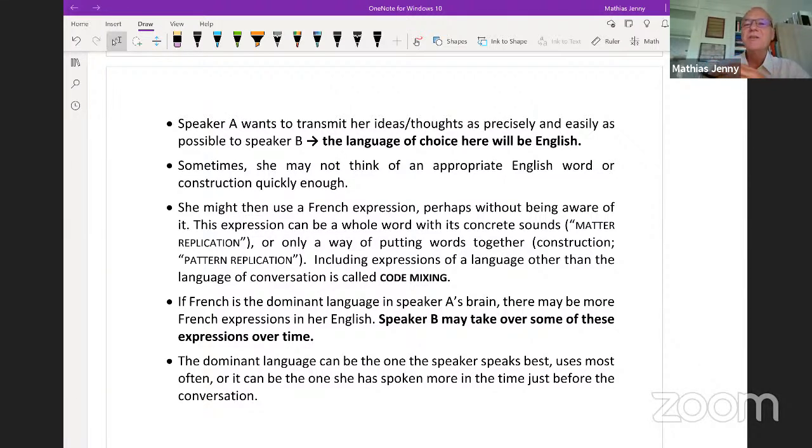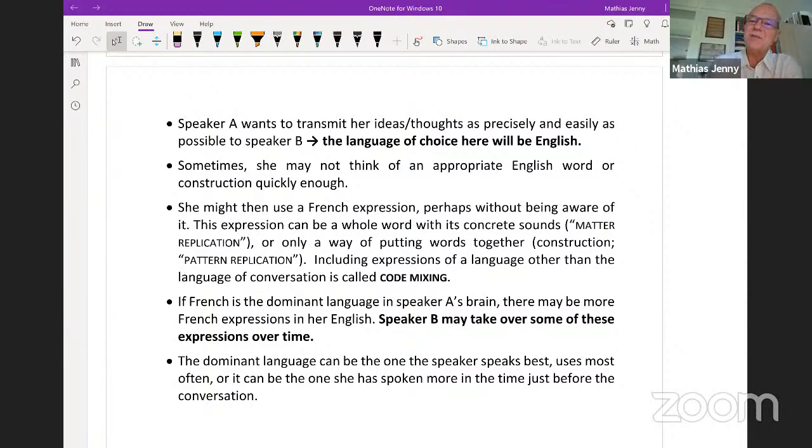So of all the language codes that I have access to in my head, I will choose the one that I think the hearer will understand most easily, or that I speak most easily and I know the hearer will understand. So this is a compromise: I want me to be as comfortable as possible, and I want you to be as comfortable as possible. So speaker A here will choose English because that's the only language that she shares with speaker B.